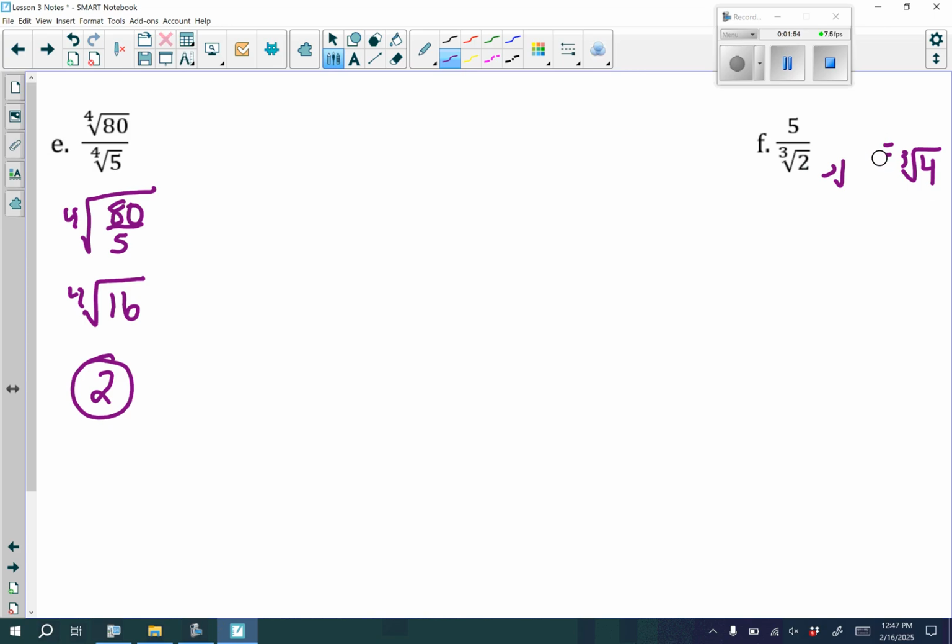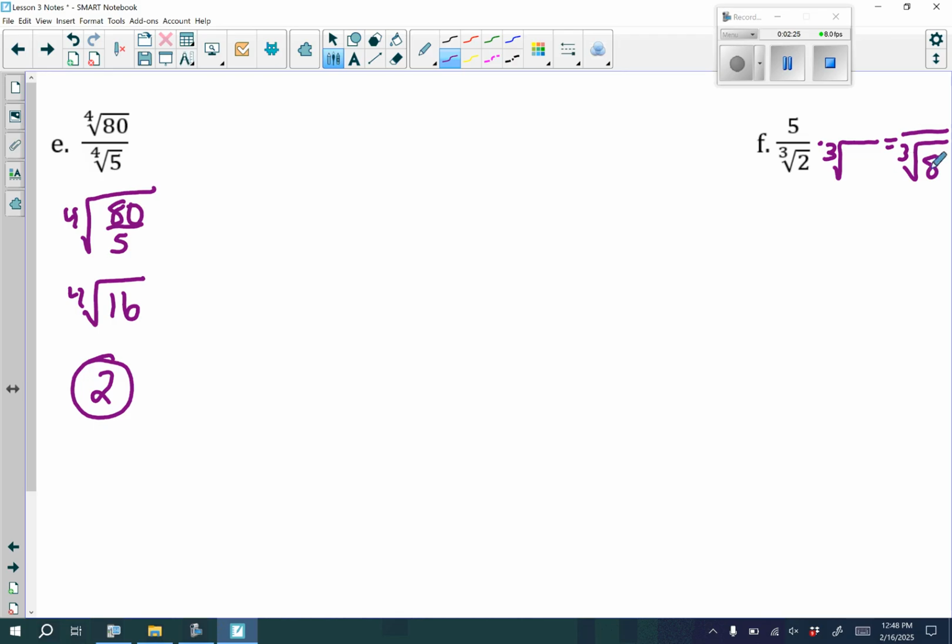Instead, we need to multiply this denominator, 2, times a number to give us a perfect cube in the denominator. Now, we do want to pick the smallest perfect cube that 2 can go into. You can pick other ones, but that means you're going to have to simplify a lot more in the end. So we're trying to not simplify as much. If we think about our perfect cubes, the smallest perfect cube that 2 can go into is 8.